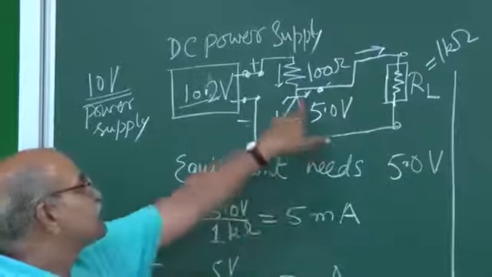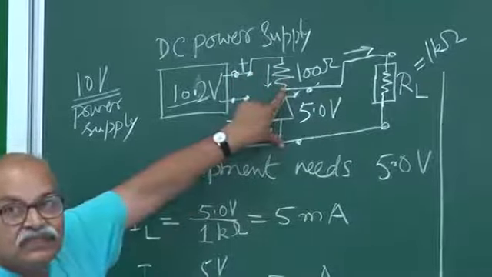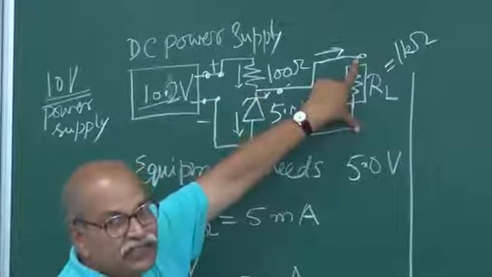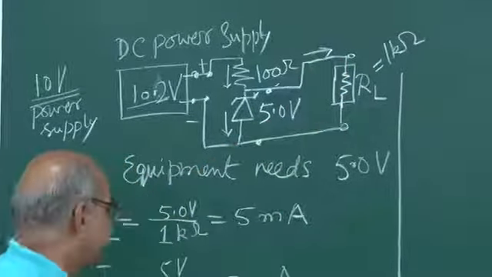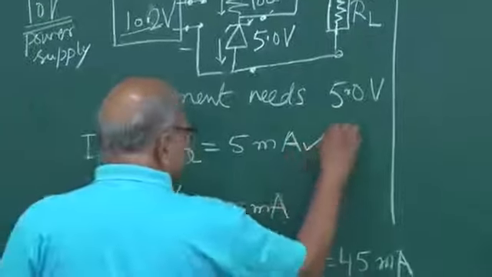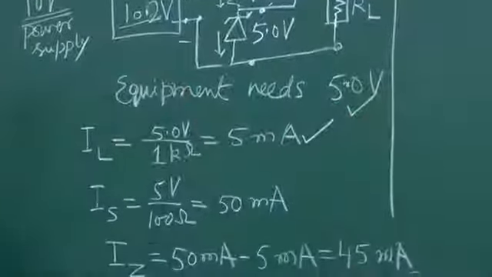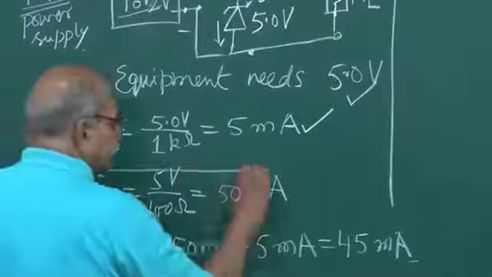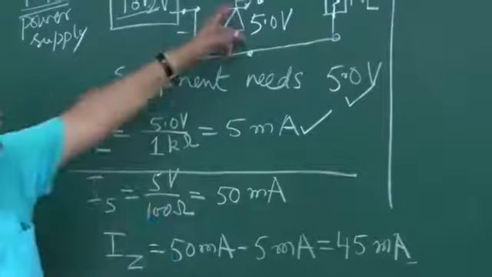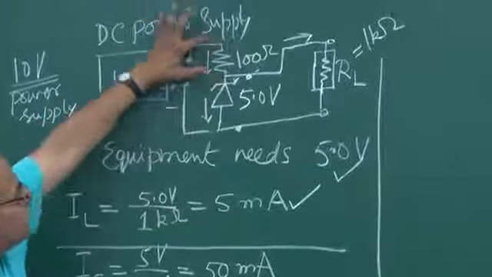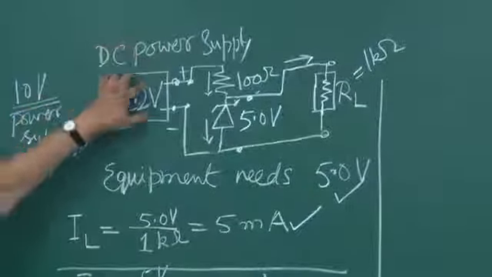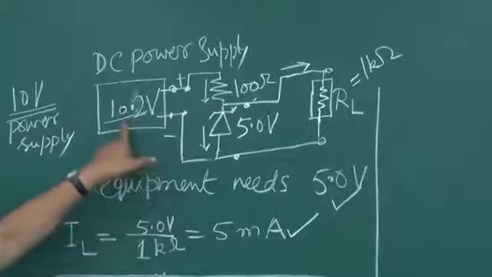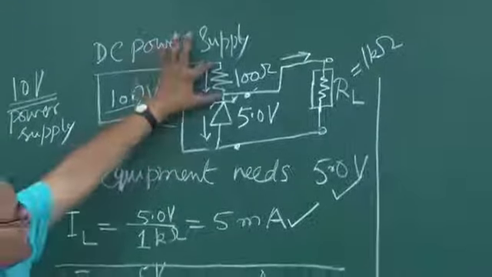Now this is 5.0 volt, no change, and therefore this is 5.0 volt, no change, and therefore the current here is 5 milliampere. Up to here everything is fine. There will be a change in IS. How much is the voltage here? This is 10.2. Out of this, 5.0 is here. So what is left? It is 5.2.